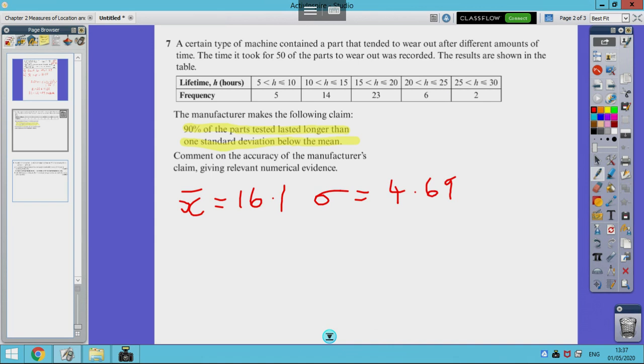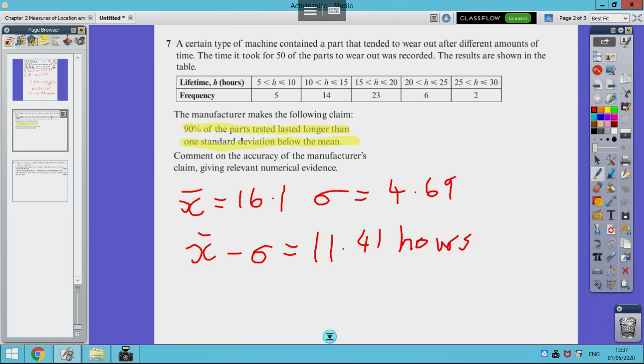Okay, so that's all good. Now it says 1 standard deviation below the mean, so this time we do x bar minus the standard deviation: 16.1 minus 4.69, which gives me 11.41 hours. So 1 standard deviation below the mean is 11.41 hours.